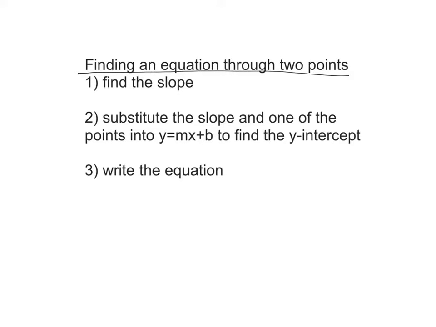The b will be the only variable left. We can figure out what that y-intercept is, and then we can go back using that information. We can write our equation. And it doesn't matter, I said using one of the points here. It doesn't matter which point you choose. Whichever point you choose, you'll actually get the same y-intercept, you'll get the same equation.